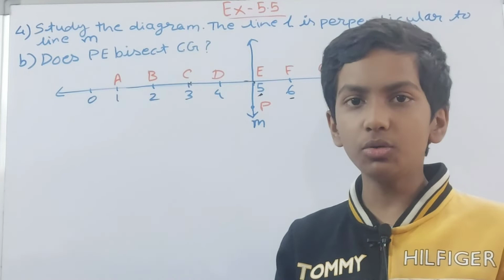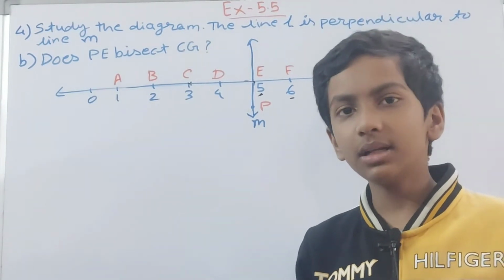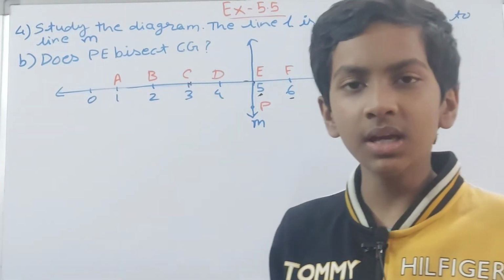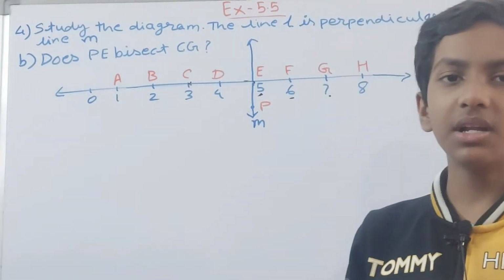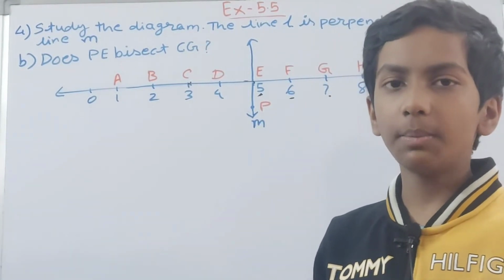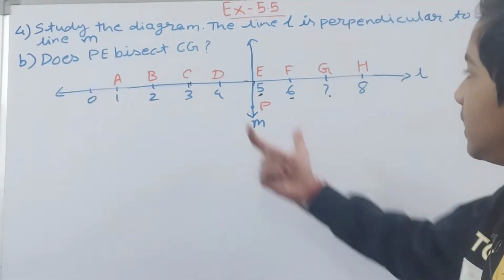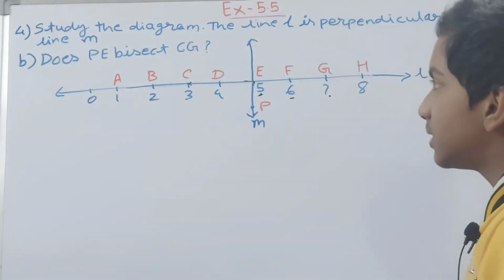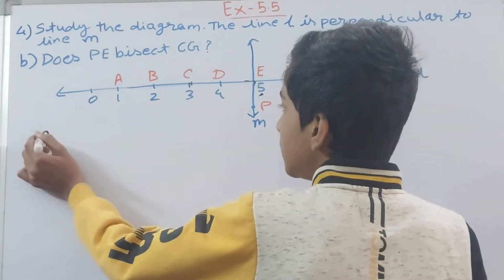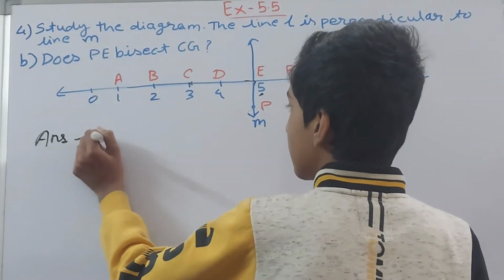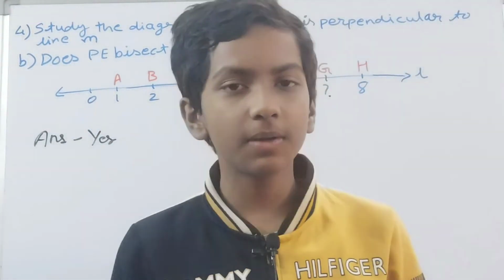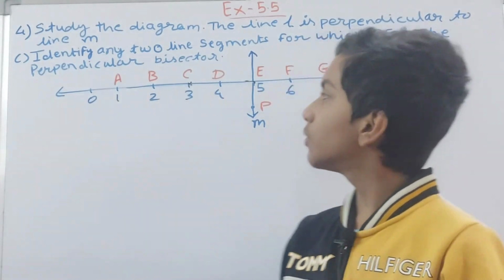So in both of them 2 units are there, so it is dividing them equally. Whenever a line is divided into 2 equal parts, it is getting bisected. So the answer for this part will be yes. PE does bisect CG. Now let us move on to the next part.